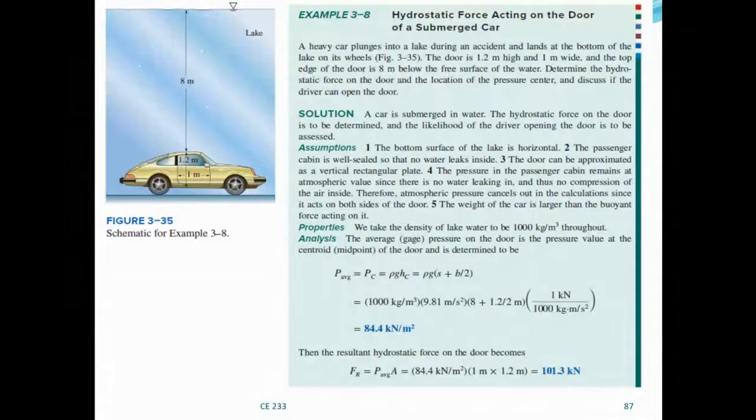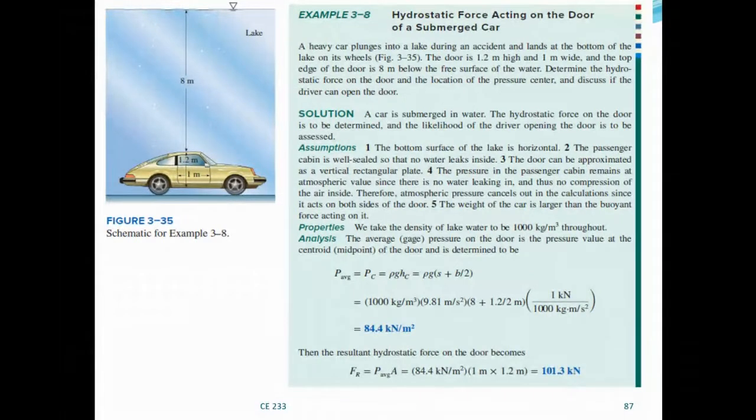And the property we need here is the density of water, which is 1000 kg/m³, incompressible, so we take it as constant. And we want to find the average gauge pressure acting on the door, which is the pressure at the centroid or midpoint of the door, determined by this formula.